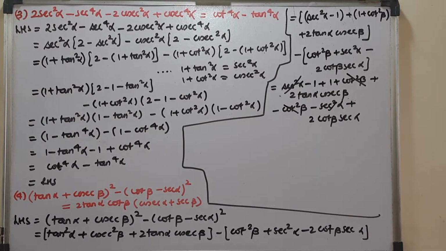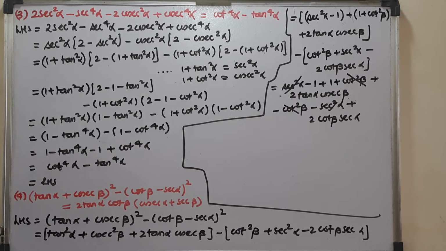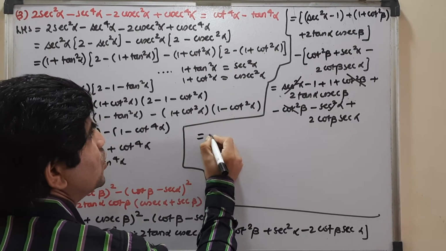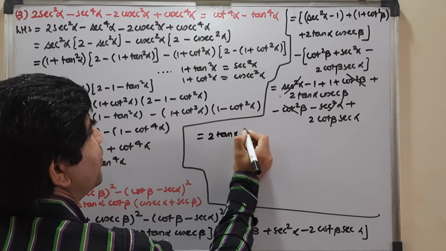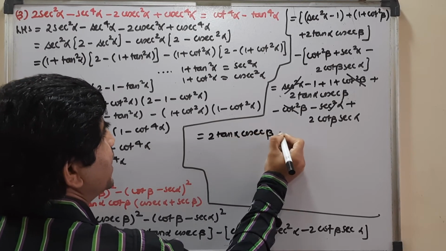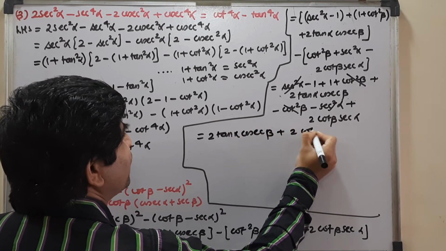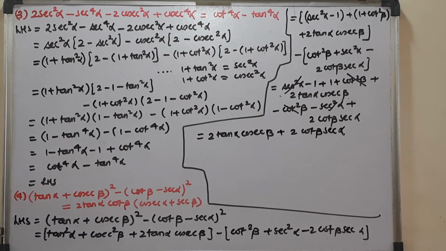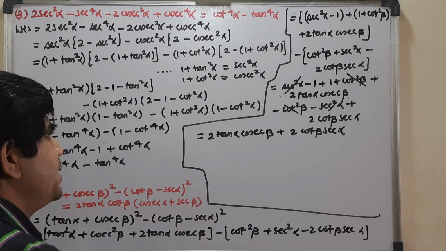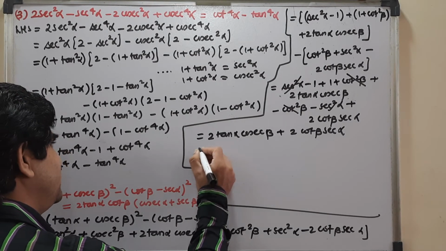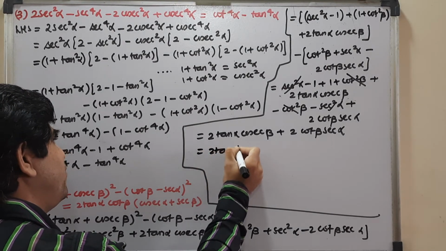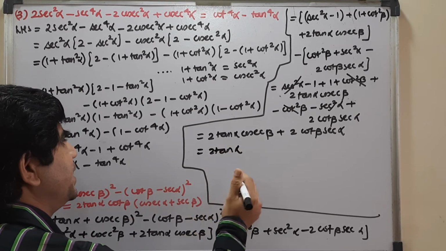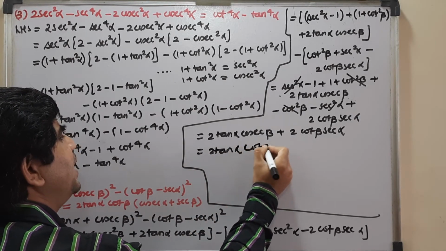So I remain here with 2 times tan alpha cosec beta plus 2 times cot beta sec alpha, right. Now what he says is that you want common as 2 tan alpha. So here let us do one thing, 2 tan alpha and what you want, cot beta as common.